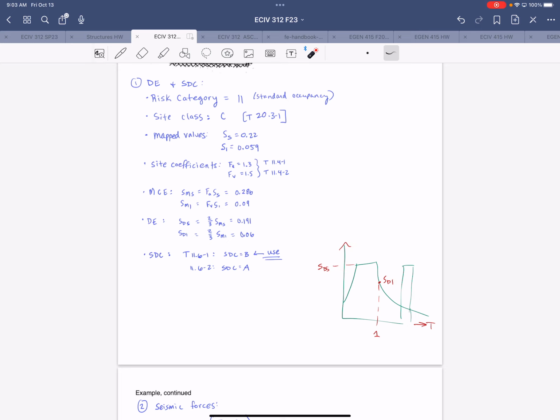Now the maximum considered earthquake is what we would use for certain other dynamic analyses. So remember we talked about how this static approach is appropriate for most buildings, and that's why we're teaching it in this class. It's also the most commonly used method anyway, and it's the easiest one to teach and present in a class.